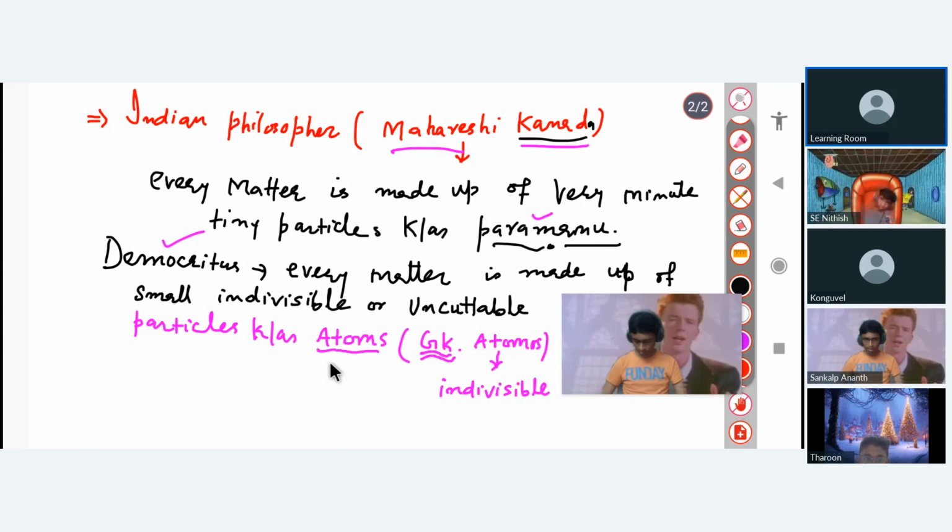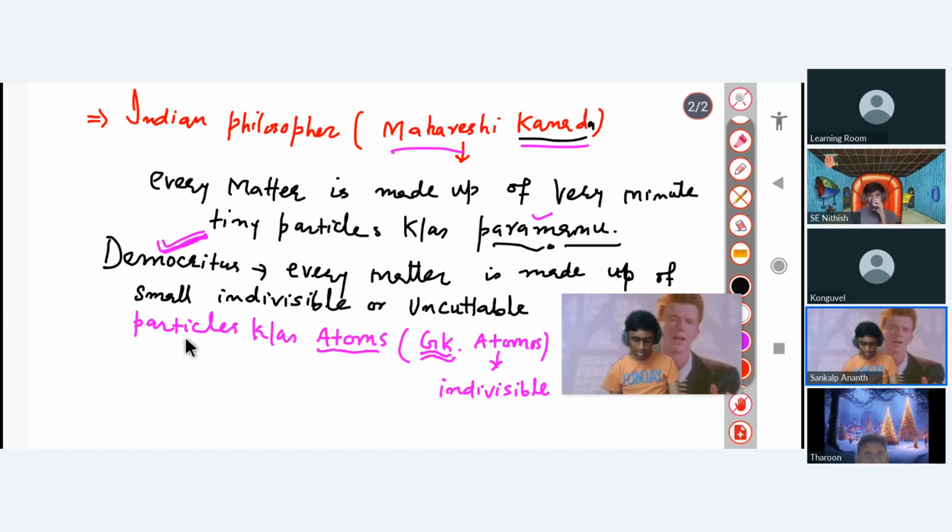Sir, who found it first? Did the Indian philosopher find it first or the Greek philosopher? Exactly, it was the Indian philosopher Maharishi Kanad, but he called these tiny particles paramanu, and the term atom was given by Democritus.